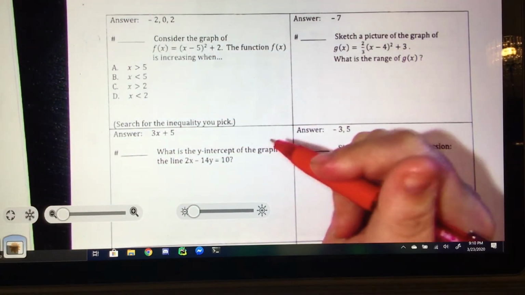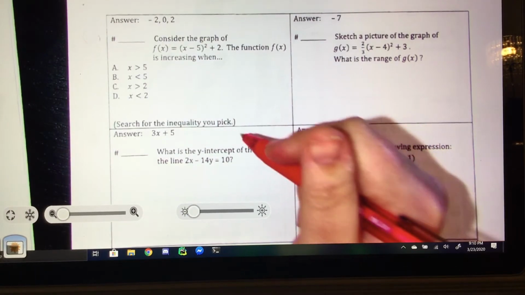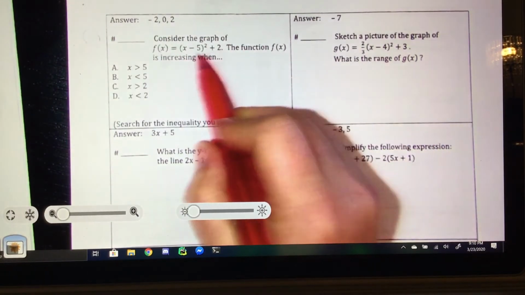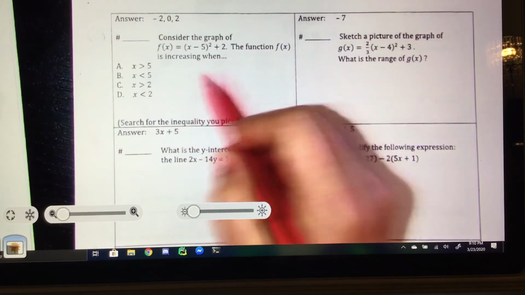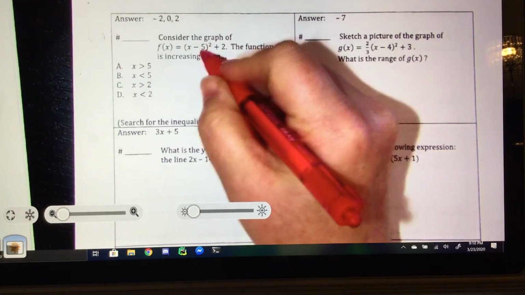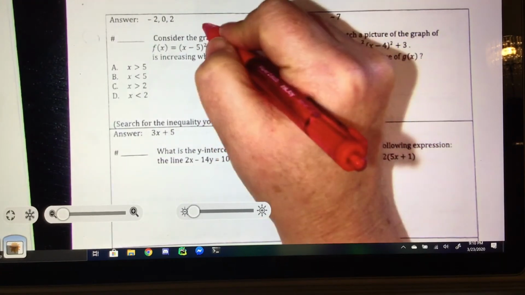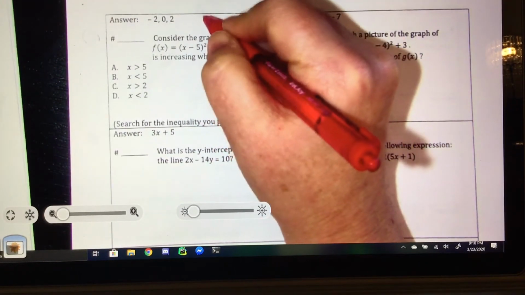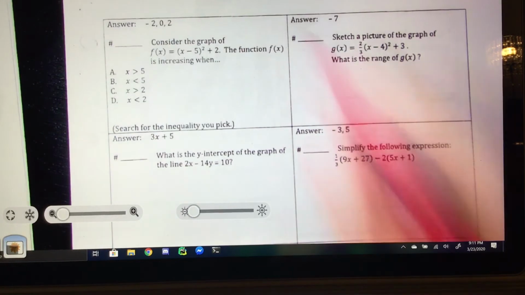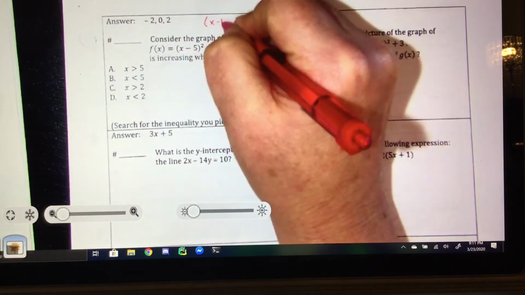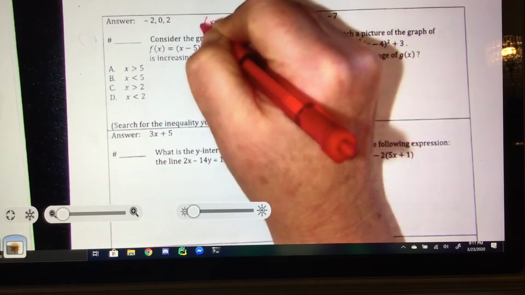Okay, so for this one, it says consider the graph, and it gives us a quadratic function. It's increasing when? Well, if you remember, the vertex form of a quadratic is a times (x minus h) squared plus k, where the vertex is (h, k).